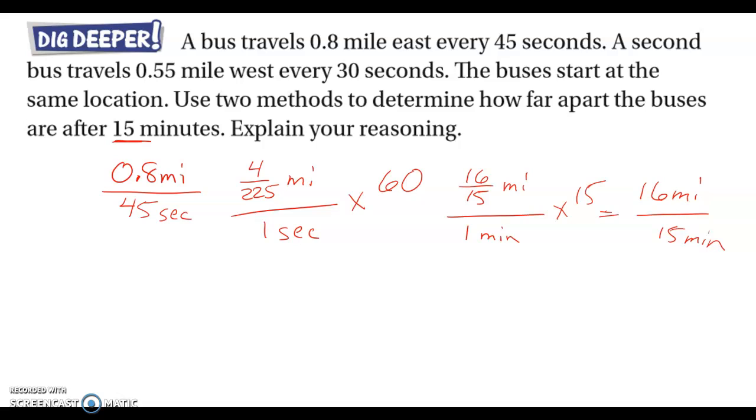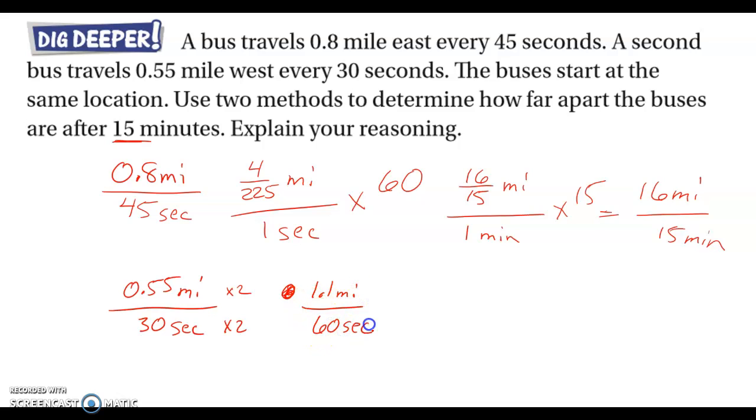The other one is going 0.55 miles in 30 seconds. So on this one, I'm actually going to do it a second way, which is times this by 2. That's 0.55 times 2. That's going to give me 1.1 miles for every 60 seconds.